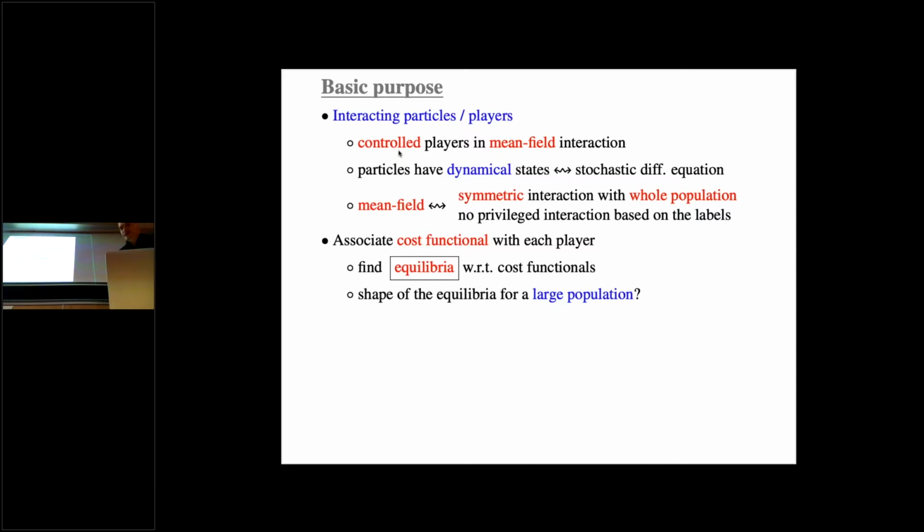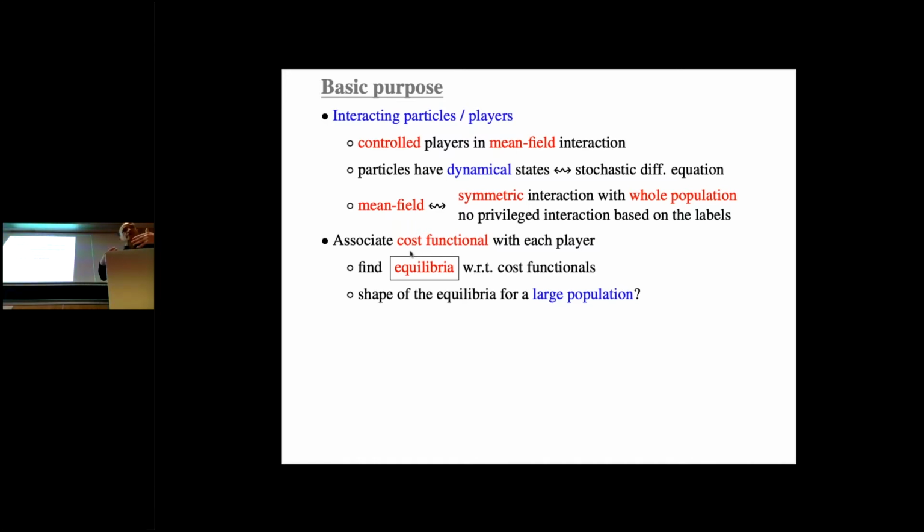And plus you have the fact that for sure those particles are in interaction, and the mean-field interaction is to say that the type of interaction that you have between the particles is symmetric. And you will see that the symmetry assumption will play a key role in the analysis. And this is exactly what we call mean-field. So once again, every player is given a cost functional, and then you want to find equilibria within the population, when the population is very large.